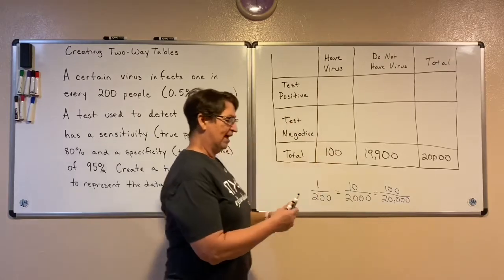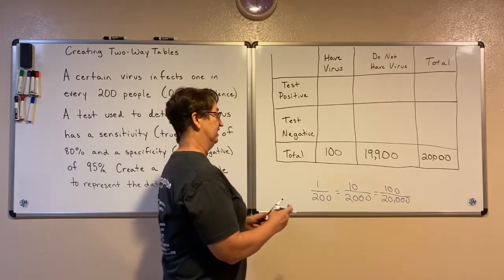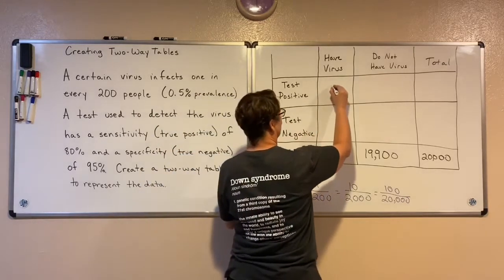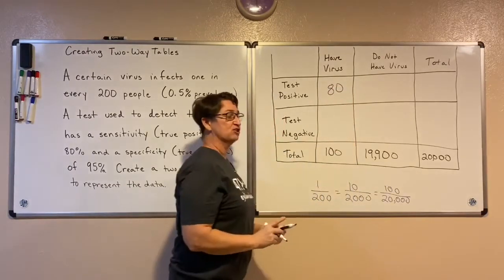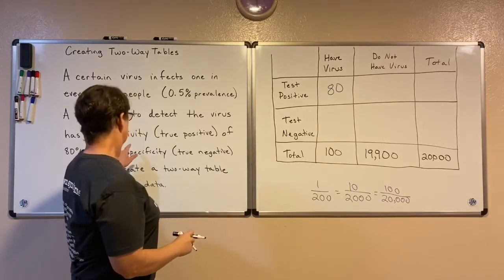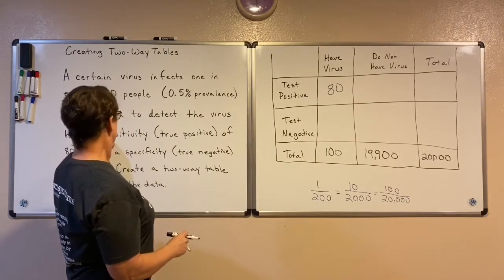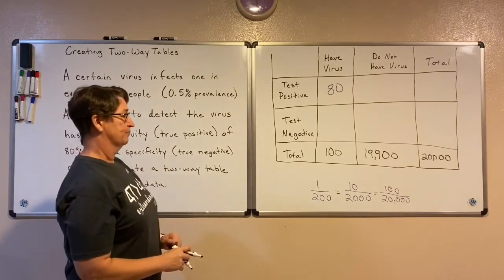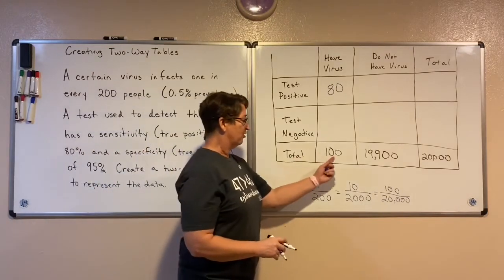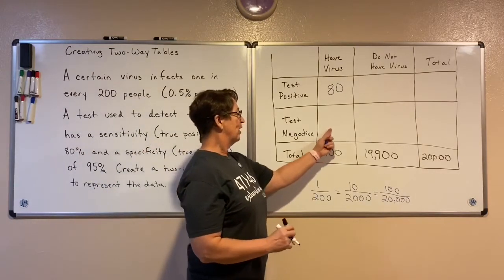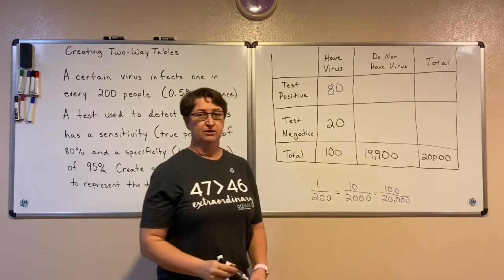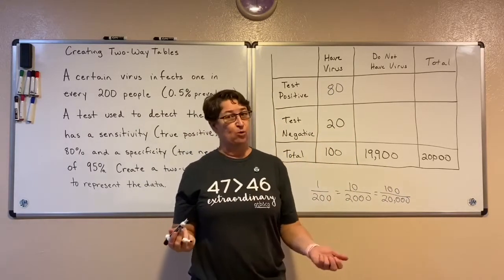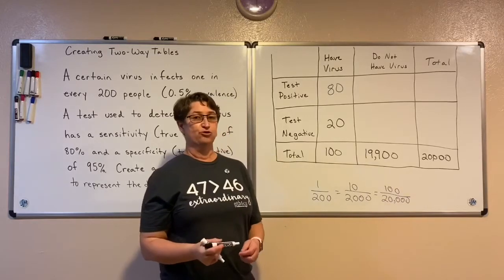So since I have 100 of them with the disease, 80 of them will walk away with a positive. That's the true positive. That's the true positive rate. That means that out of those 100, 20 of them walked away with a negative test. They actually have the disease, but they walk away thinking that they do not have the disease.